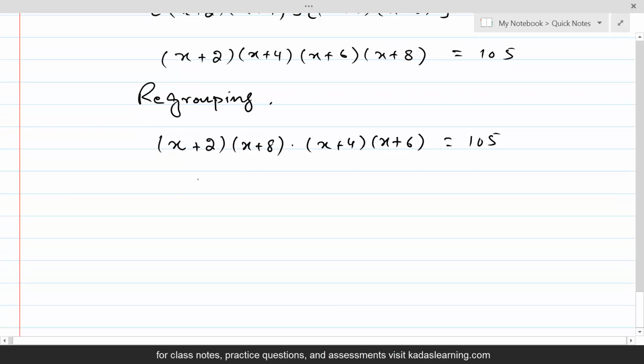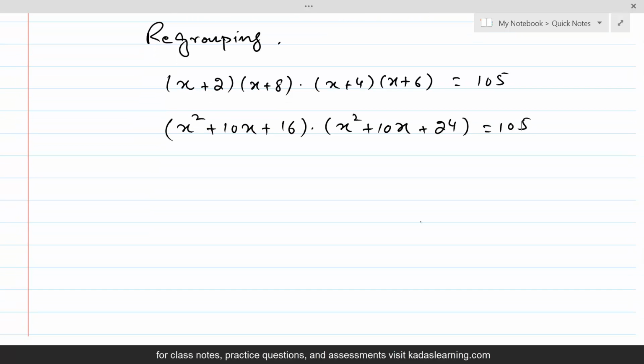And now we have this as (x² + 10x + 16) times (x² + 10x + 24) equal to 105.